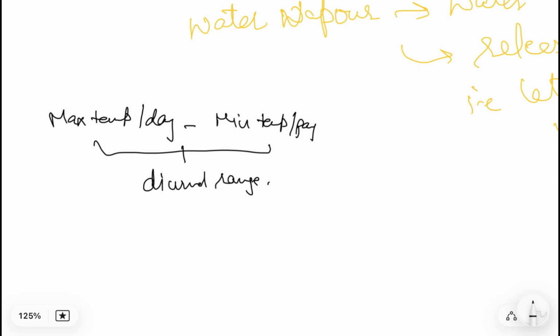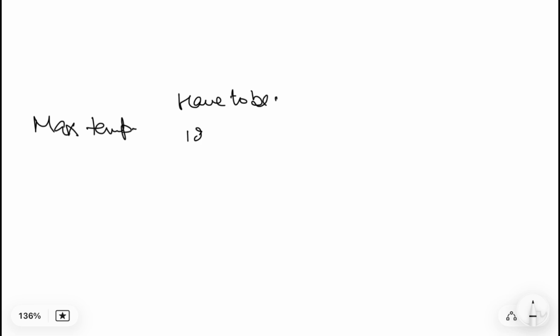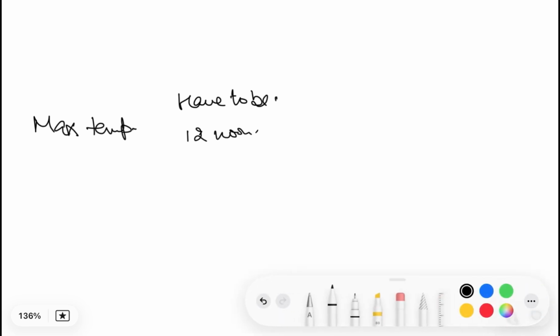Now if we look at the maximum temperature, it should be at 12 noon, because the sun rays will fall directly.